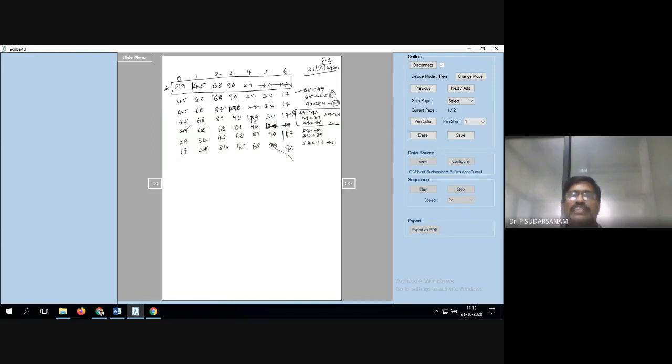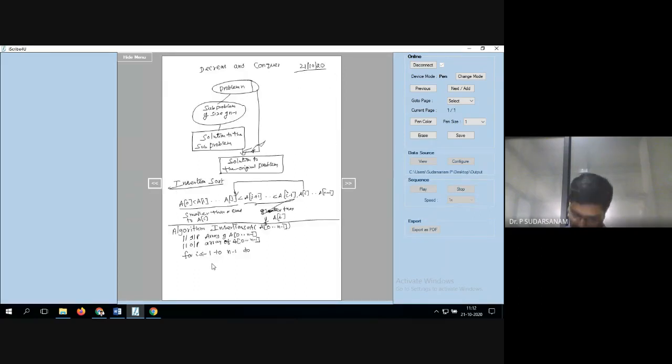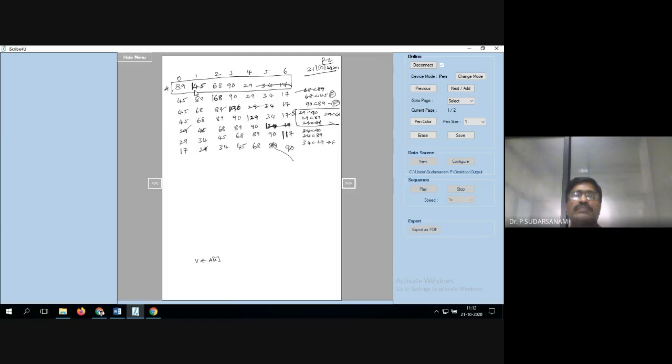So I'll take one variable name B, that is nothing but A of I. So B is equal to A of I. Any doubt now? 45 is assigned to one variable name.